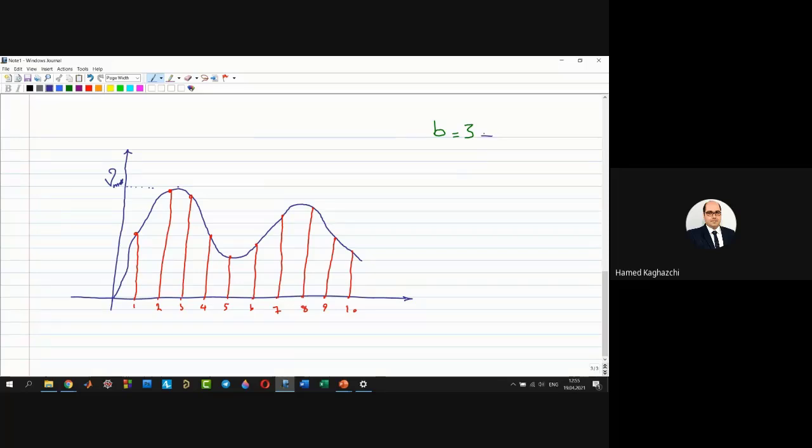How many numbers can I have with the 3 bits? 2 to the power of 3, 8. I divide my interval 0 up to Vmax by 2 to the power of B minus 1. This is my delta, which is the step size.